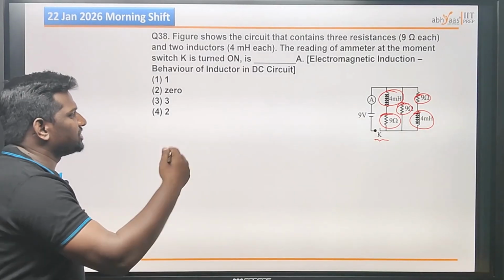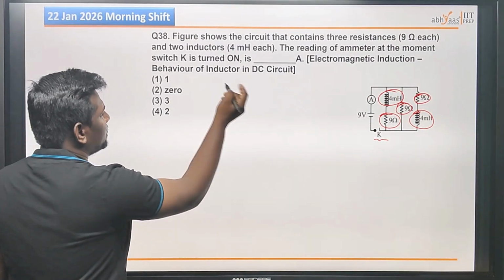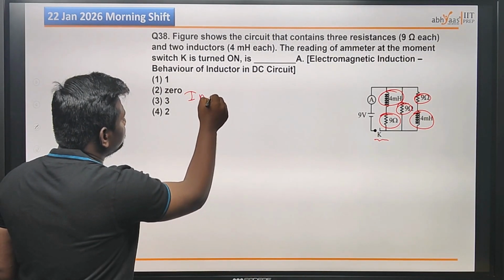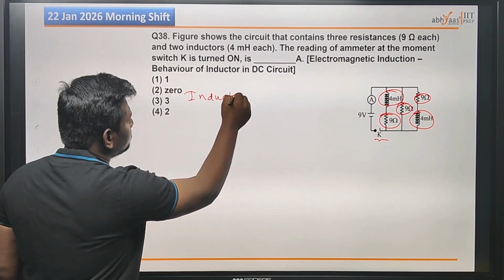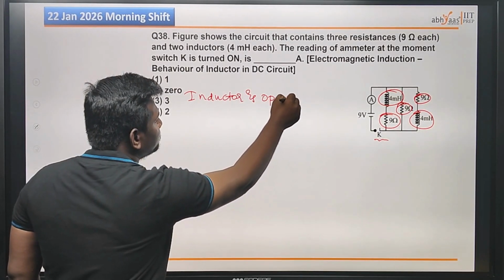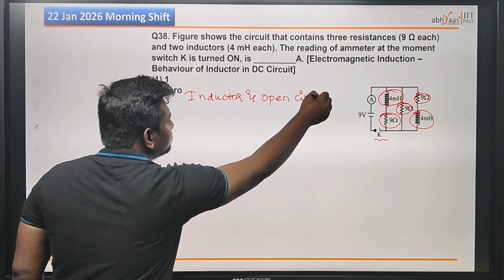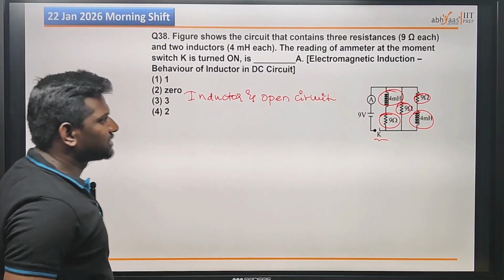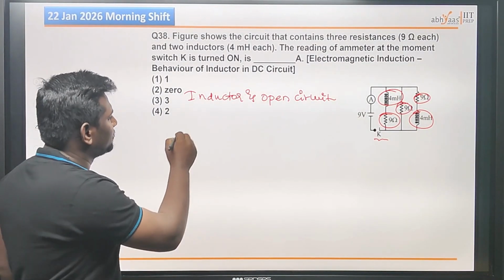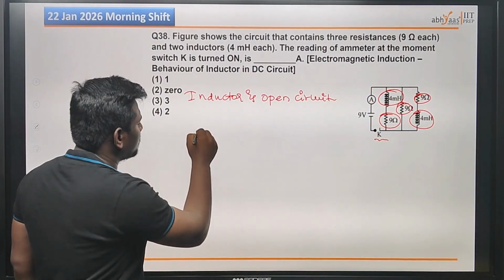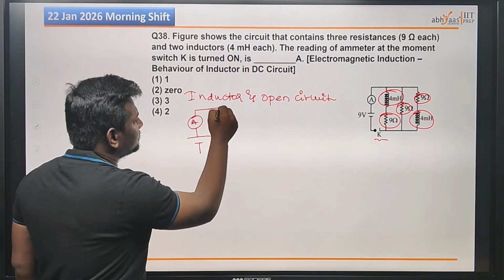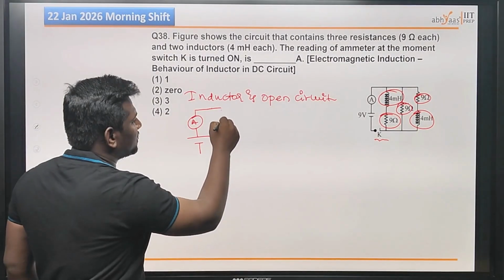When the switch is turned on, the inductor is open circuit. So then what will happen to the circuit? See here, I am writing, this is our ammeter and that is open circuit.